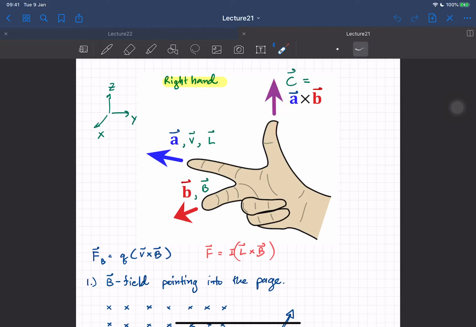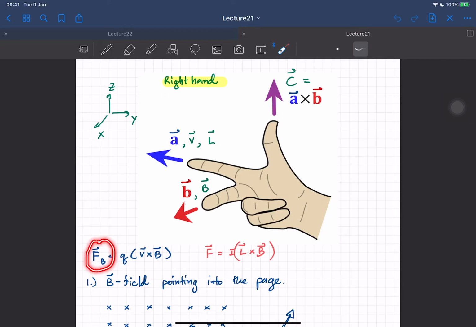Okay, so A, B, and then C here, right? So C equals A cross B. Now, if you want to apply this to our magnetic force, sometimes called the Lorentz force, you have to look at which vectors appear in the formula.